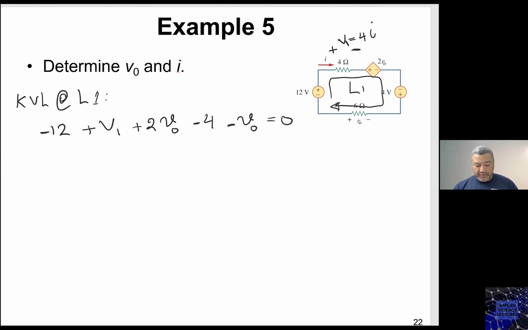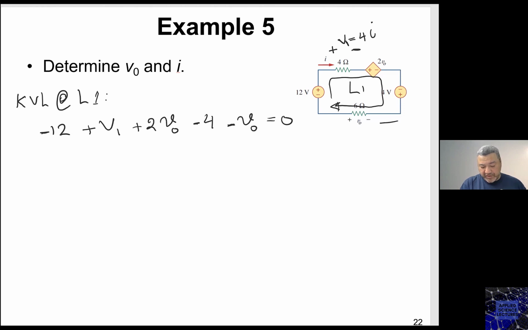Now, you can see here that this equation has two unknowns for me, V1 and V naught. Notice that V naught is the voltage drop across this 6 ohm resistor.